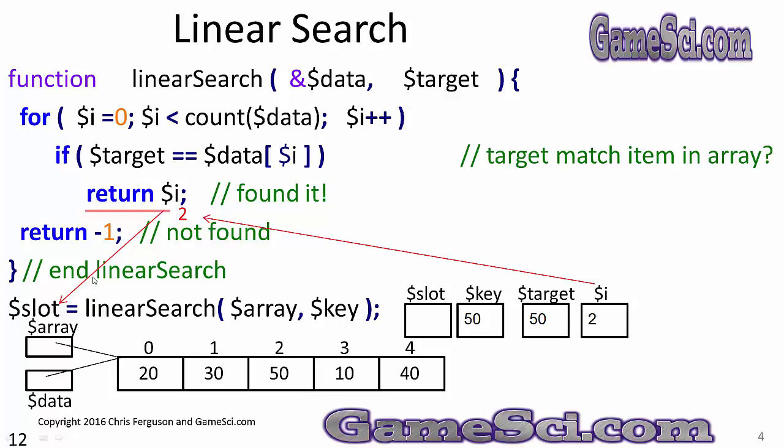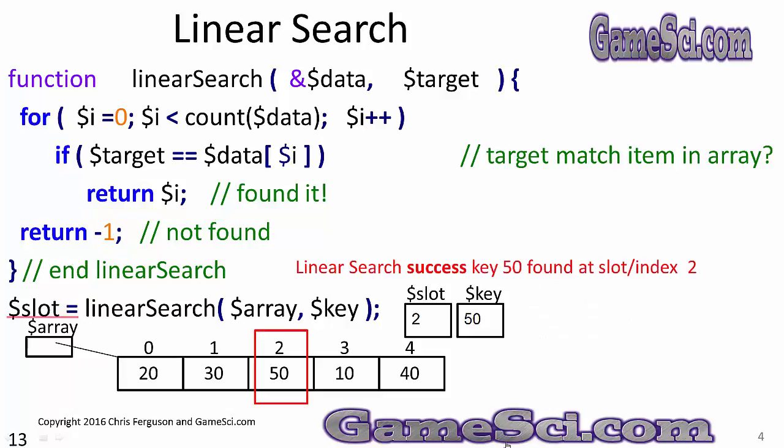Where does the 2 go? Follow the arrow. The 2 goes back to the variable that's being assigned the result of linear search. The 2 is sent back and assigned to $slot. The 2 shows up in $slot, which indicates linear search success. The key 50 was found at slot or index 2 of the array, and I drew a red box around it to show you that 50 was found at position 2.